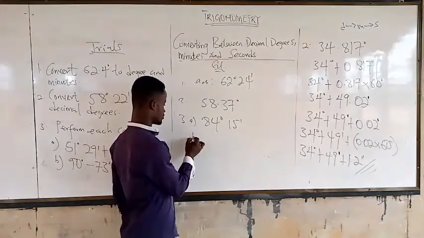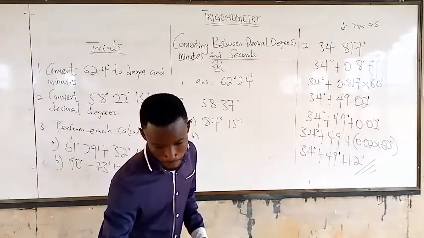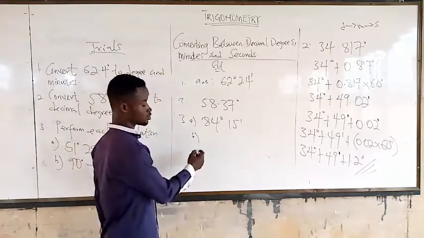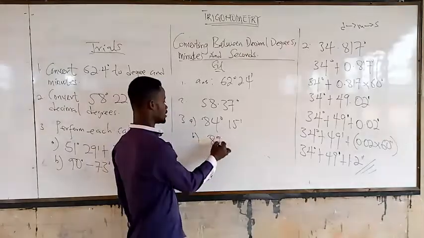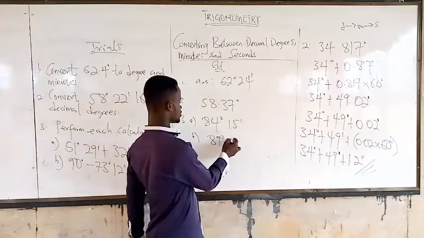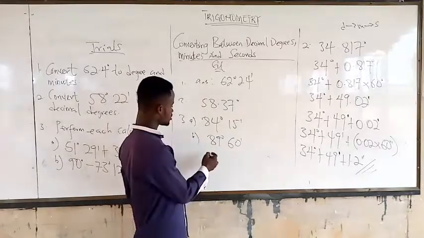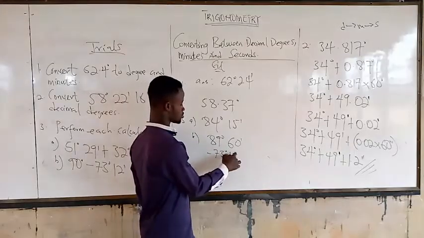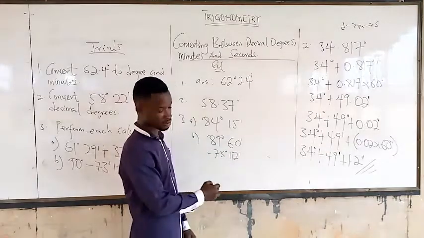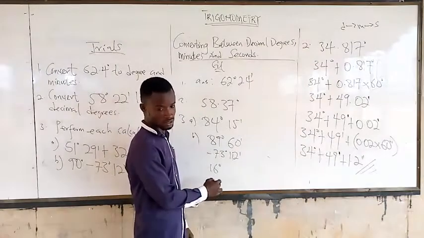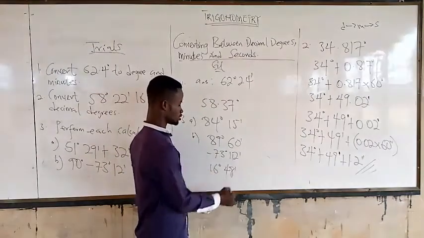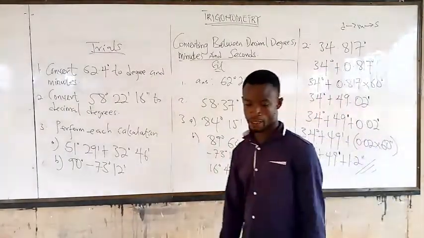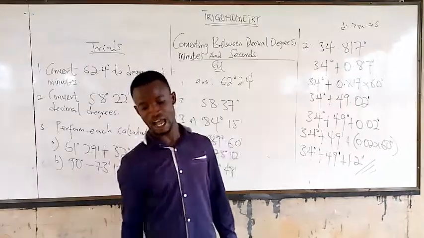And B is also going to give you 89 degrees 60 minutes minus 73 degrees 12 minutes, 16 degrees 48 minutes. Alright, so that's going to be the solution to that. See you for radian measure of angles.